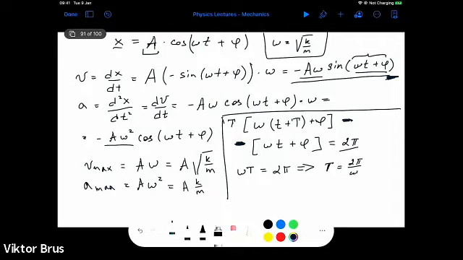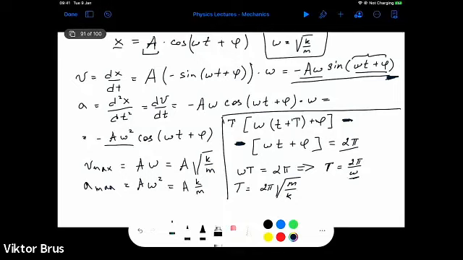If we assume that omega is equal to the square root of k divided by m, we can write that T is equal to 2 pi square root of m divided by k, because omega is in the denominator here.